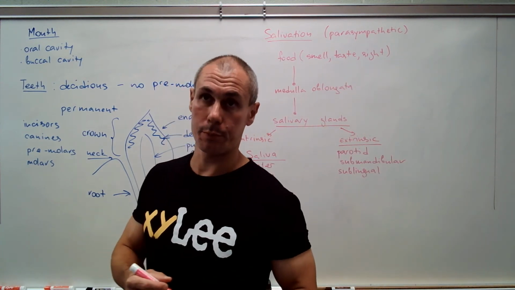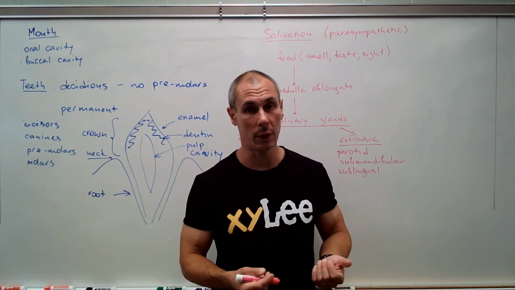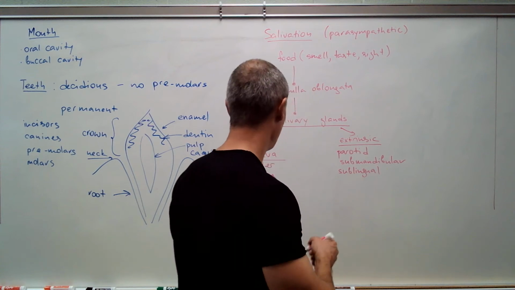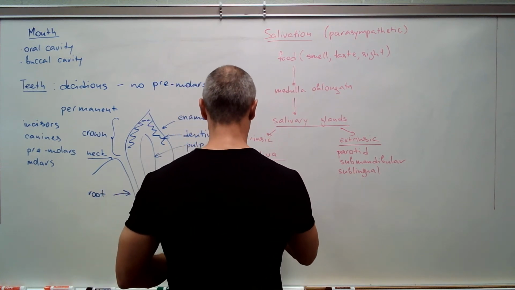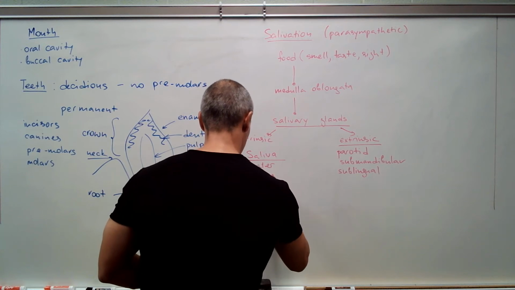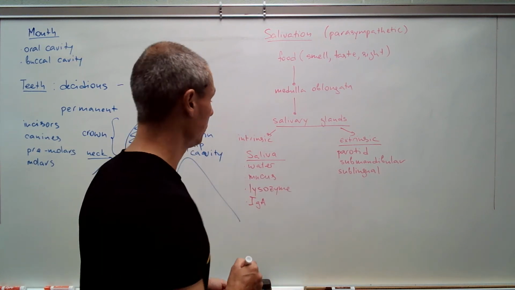Mucus, the protein mucin, works as a glue for the food particles, so it makes it sticky. Salt, obviously, sodium chloride, stuff like that. Lysozyme, which is antibacterial, and immunoglobulin A, which is also antibacterial.